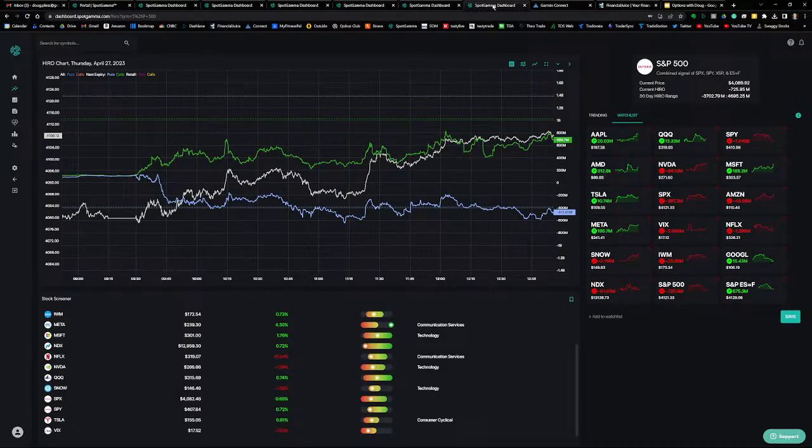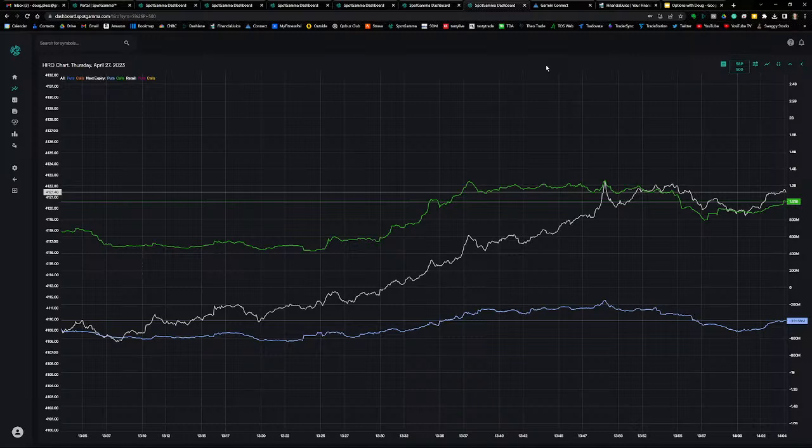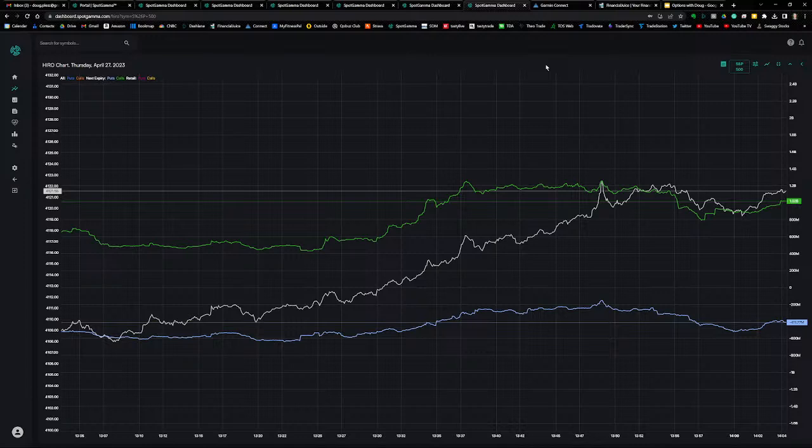And I had to slice and dice this quite a bit to figure out what was actually driving price, find some correlation. And the reason is, the last time I looked, the overall net delta for options trades for the S&P 500 today was negative.